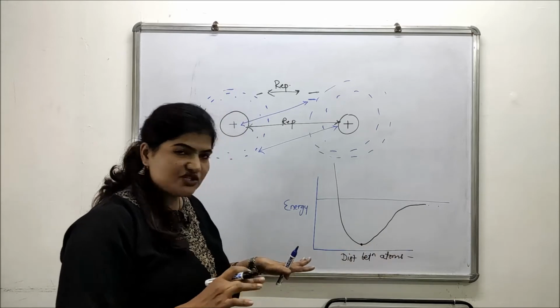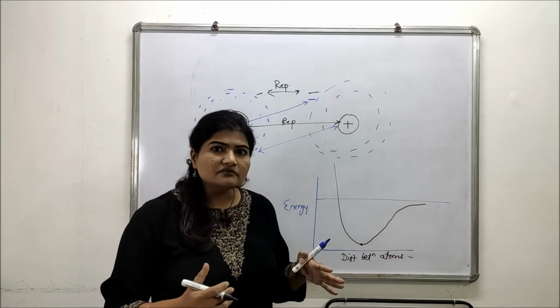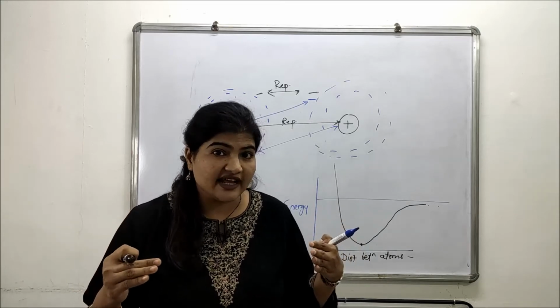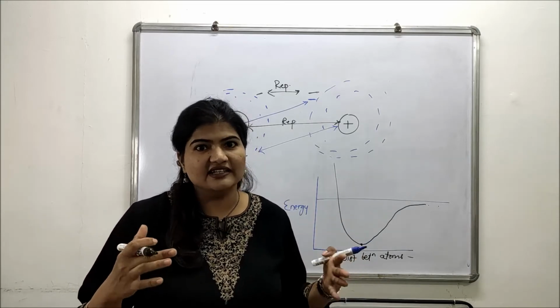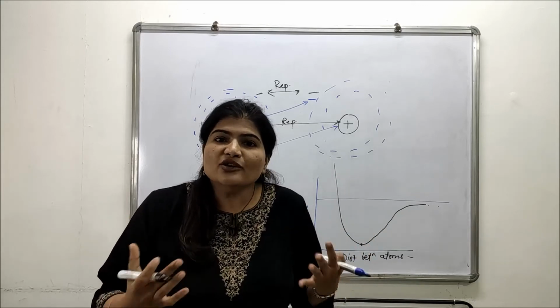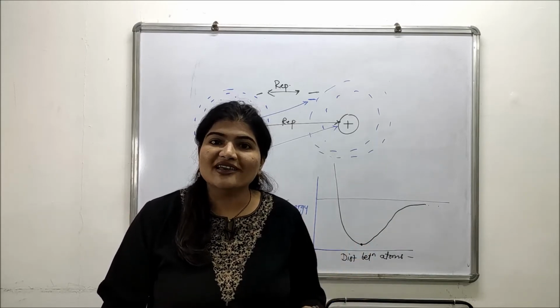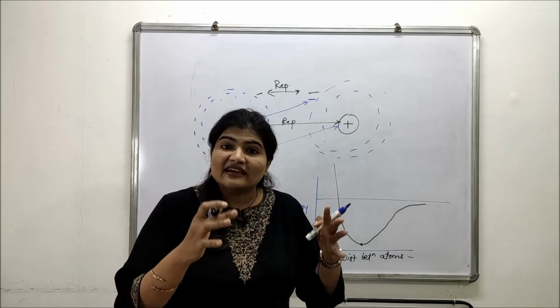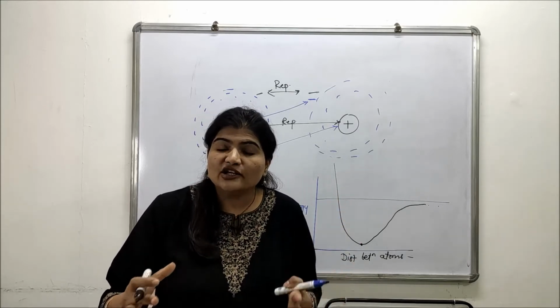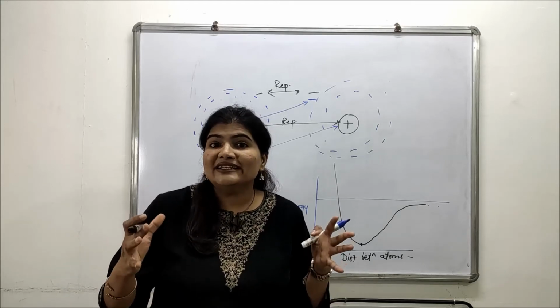The second thing we have to consider here is that if there are two atoms but those are inert gases, noble gases like helium or neon or argon, and they are approaching each other, however you try, they are not going to form a chemical bond because their electronic configuration is stable. All their atomic orbitals are completely filled.